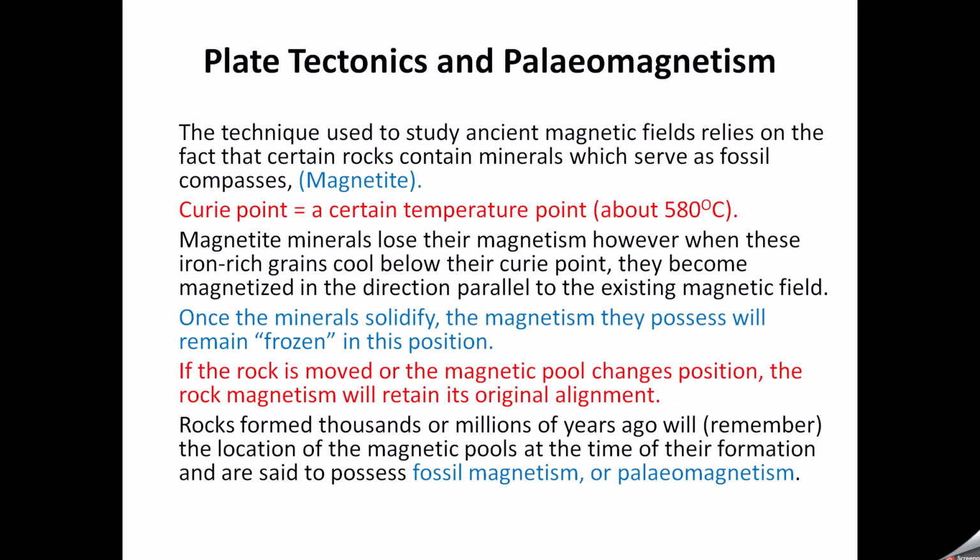So when the magma cools down below 580 degrees and we have magnetite minerals or iron-rich grains, these grains and minerals will obtain the magnetic field, or the Earth's magnetic field, at the time of their formation.